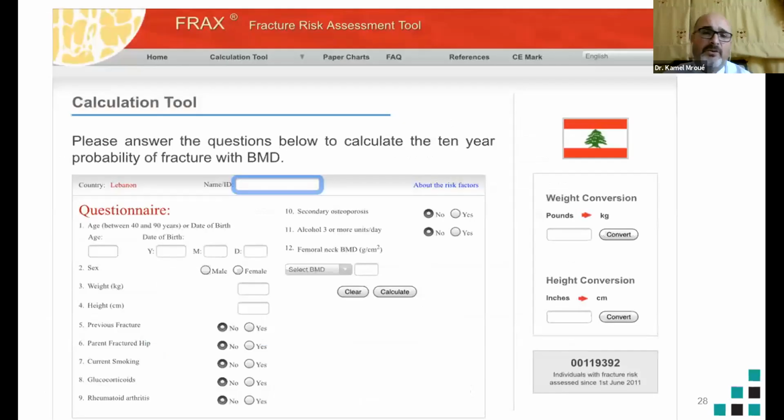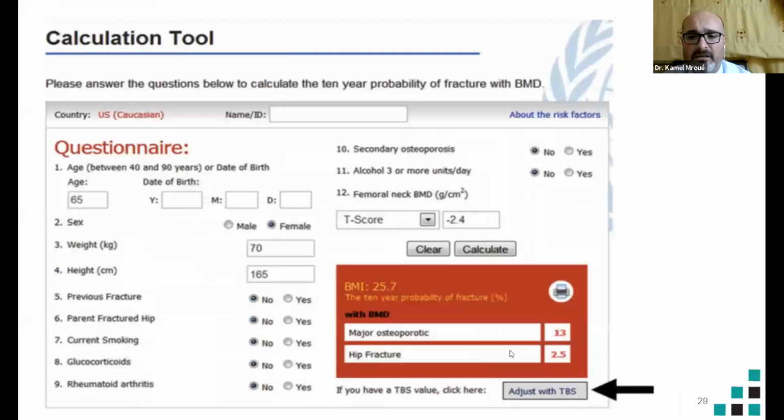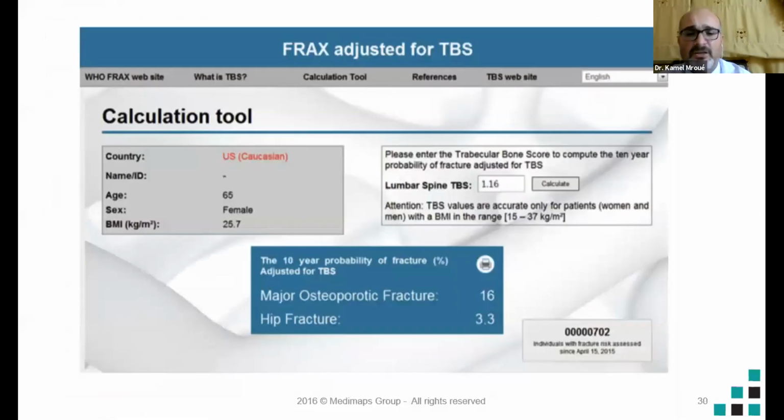In Lebanon, actually, we use the Dexa scan and the FRAX score, and we use some machines that, as you well know, have TBS embedded in them, like the GE Lunar and the Hologic. We can adjust for the TBS in our final result for the FRAX, and we have the adjusted FRAX score.